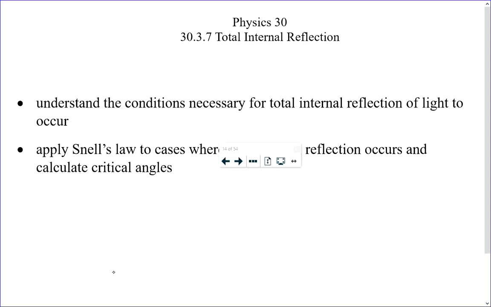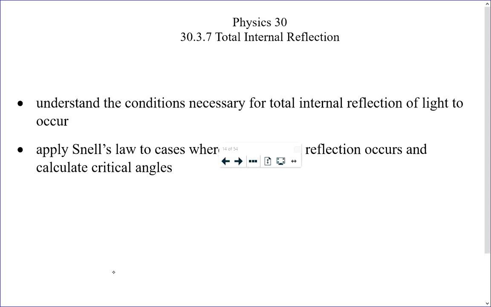Okay, so what does that mean? There are certain circumstances that we will look at and we will go, total internal reflection will never happen in these circumstances. And there is another set of circumstances where we look at it and we say, total internal reflection can happen. And then we can dig down a little deeper and say, if it can happen, under what more specific situation will it happen?